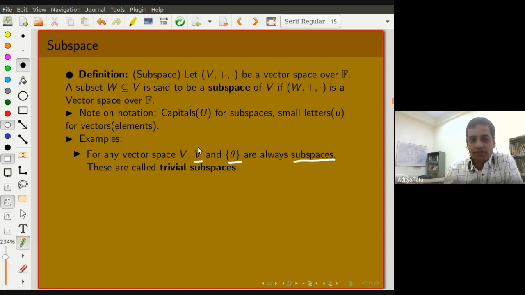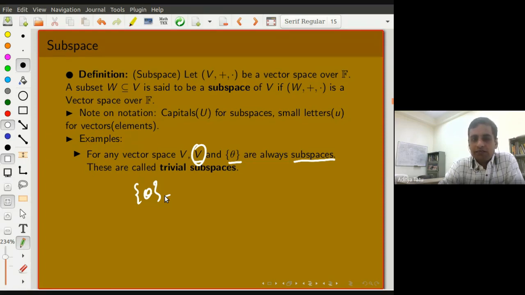This shouldn't be difficult, because it is given that V is a vector space over F, so of course it satisfies the definition of a subspace. How about the second example, theta? Is it an abelian group with respect to addition? Of course it is, because the only element it has is the additive identity.